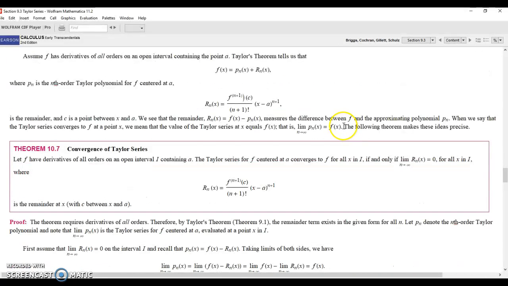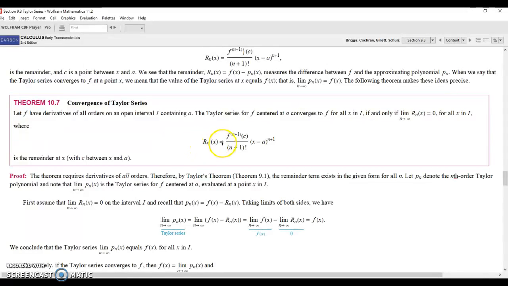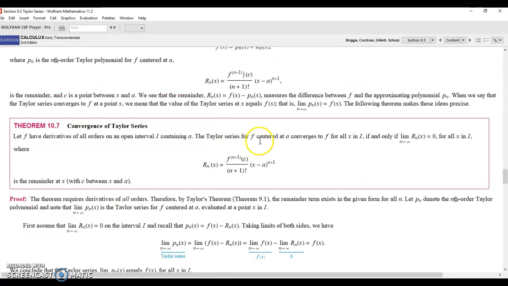That's what theorem 10.7 says: the Taylor series for f centered at a converges to f for all x in I if and only if the limit as n goes to infinity of Rn of x equals 0 for all x in I, where Rn of x is f to the n plus 1 of c over n plus 1 factorial times x minus a to the n plus 1, and c is some value between x and a.